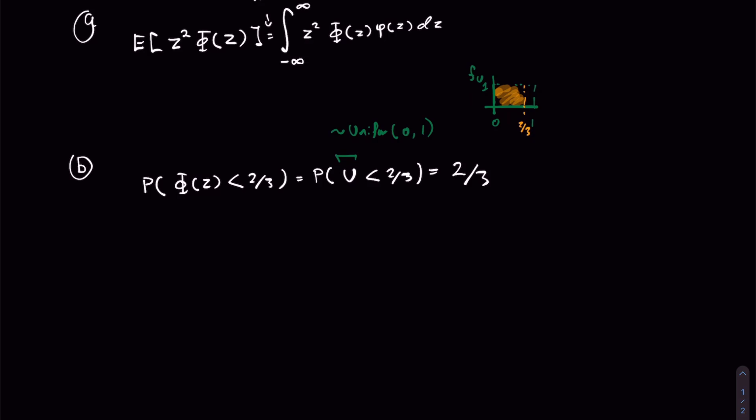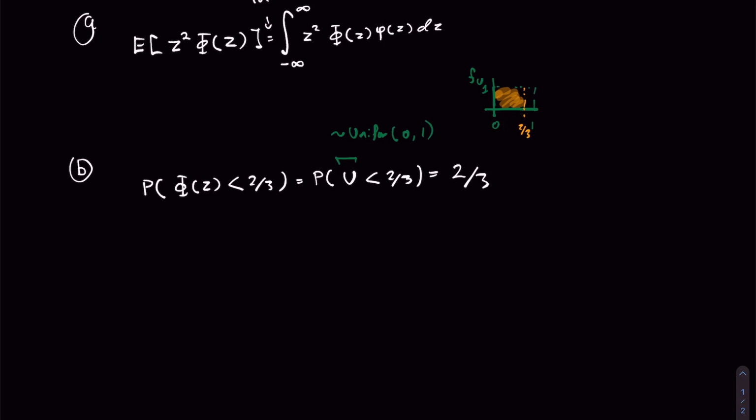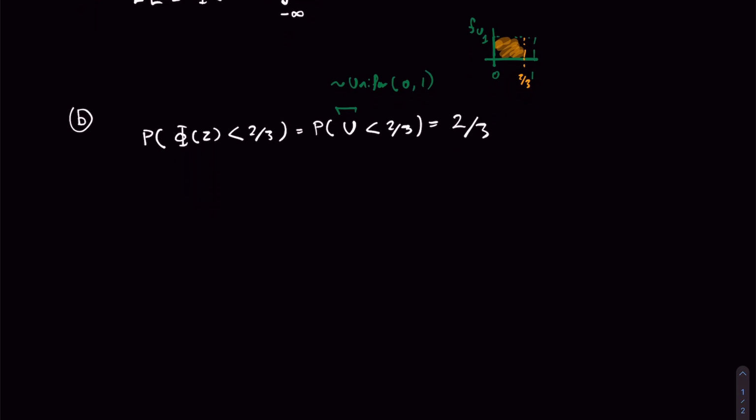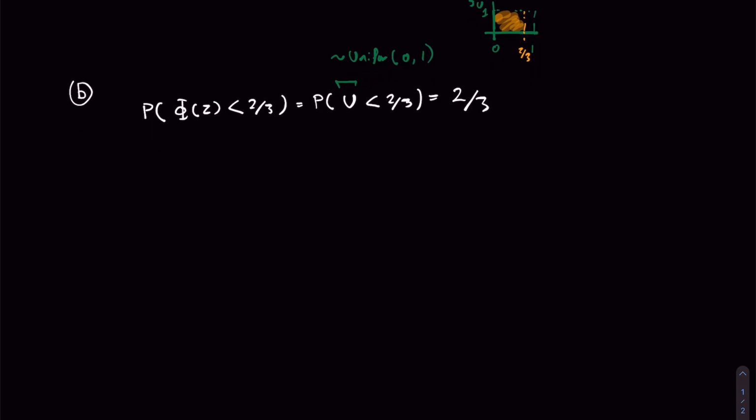Now, there's another way to think about this problem. This is the simplest one, but say that you didn't see that you could use the universality of the uniform. This would lead us to a slightly more complicated function, but I believe it's nice to go through this calculation to see that it also adds up.